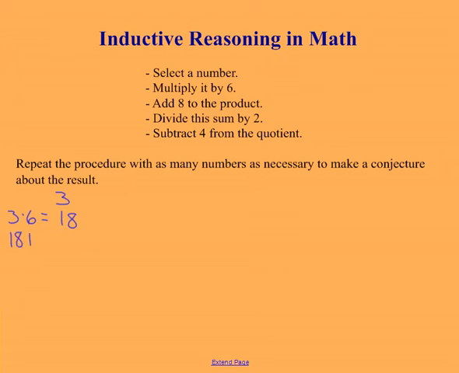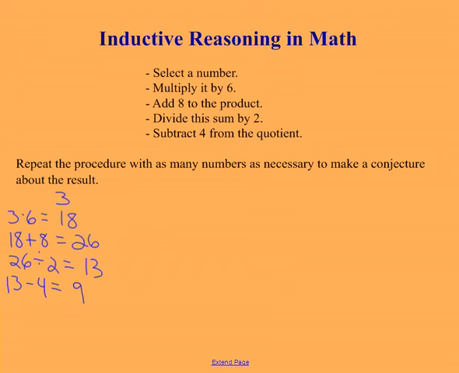So 18 plus 8 gives us 26. Then we divide this sum by 2. So 26 divided by 2 is 13, and then subtract 4 from the quotient, so 13 minus 4 is 9.